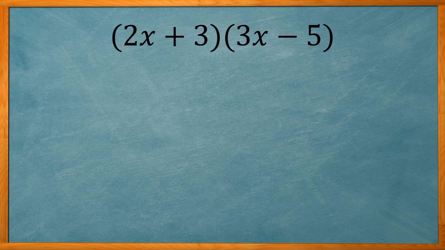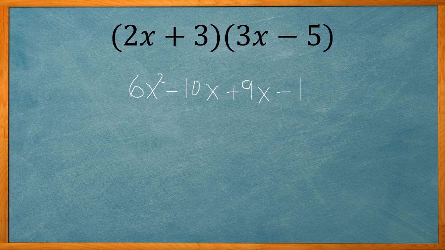So here we've got coefficients in front of our x terms. So you still do the same thing, you still multiply them together, just multiply the numbers together and multiply the variables together. So we have 2x times 3x, 2 times 3 is 6, x times x is x squared, and we have 2x times negative 5, so negative 10x, and we have 3 times 3x to give us 9x, and 3 times negative 5 gives us negative 15.